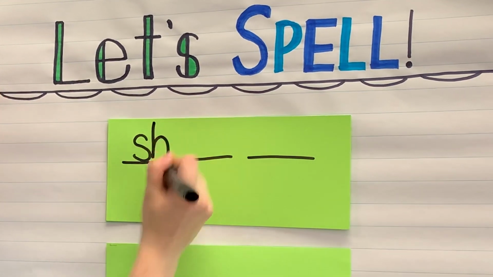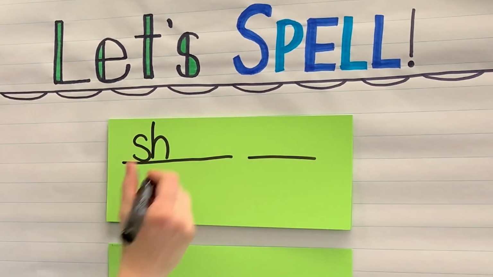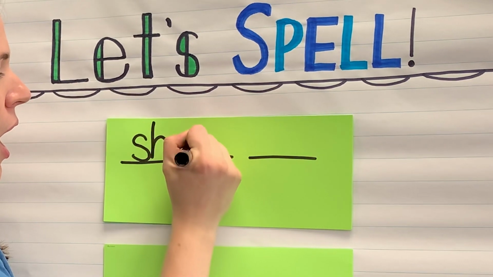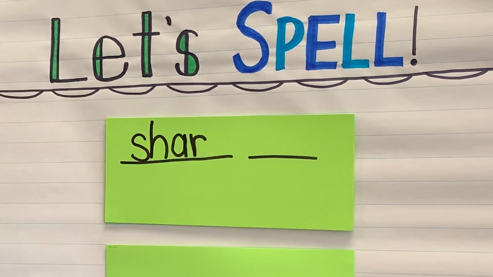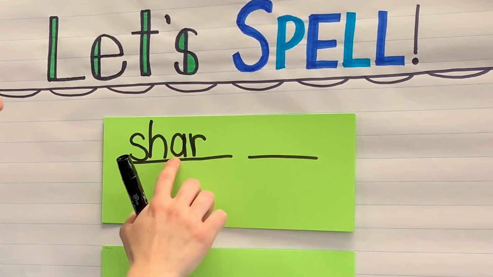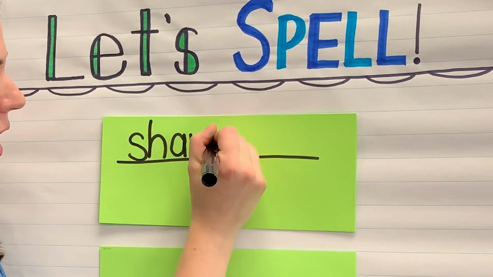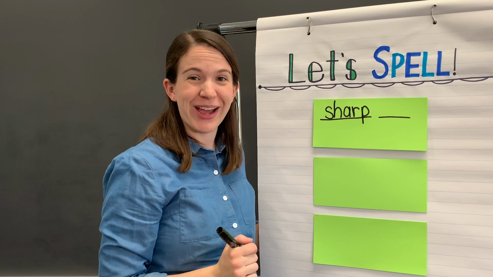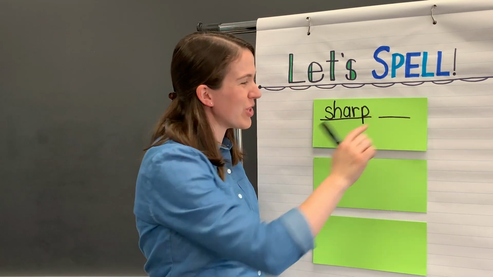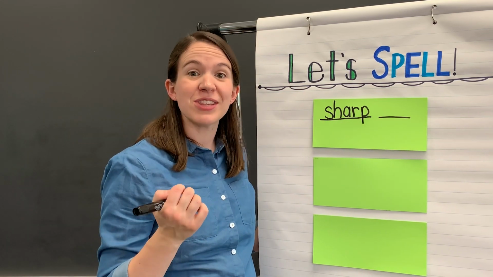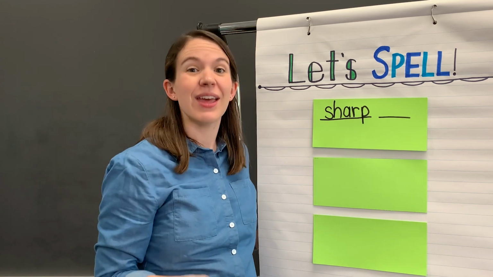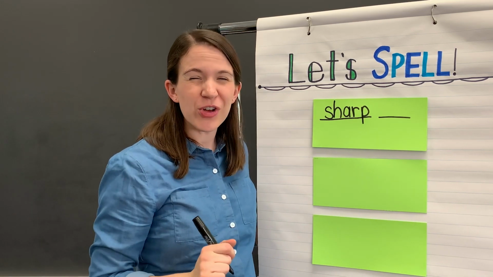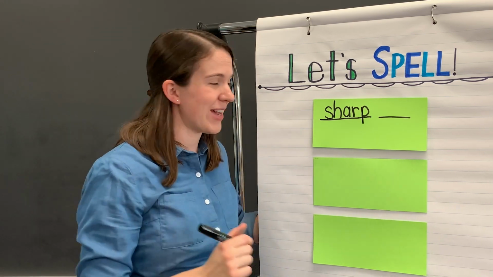Sh is 1 sound, but 2 letters. R, those 2 sounds slide together. R, and then P. Does your word part match mine? Good work. Now we just need to write the second part, the suffix en. En. Be careful with the vowel as you write that suffix.